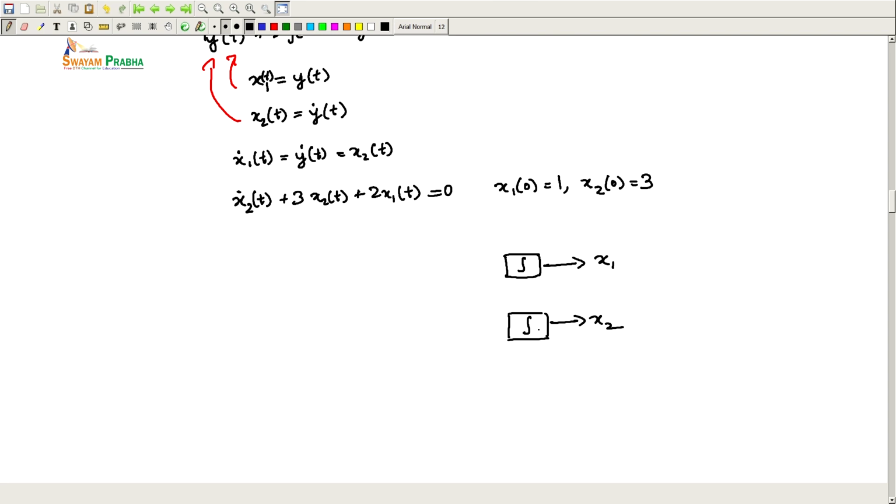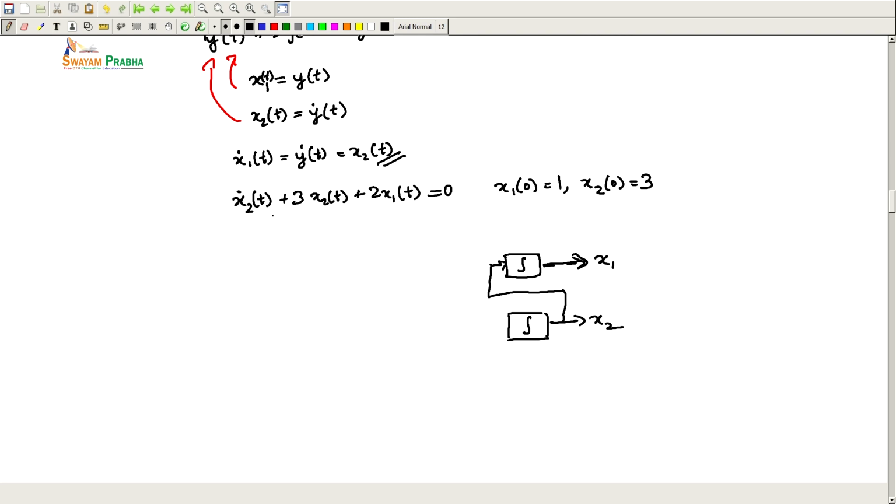Our outputs are x1 and x2, and we will get them by integration. To get x1 we take x2 and integrate, and this is based on this particular equation.